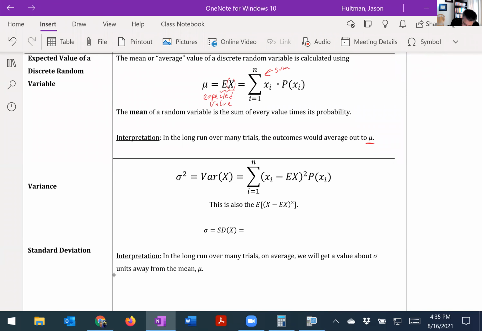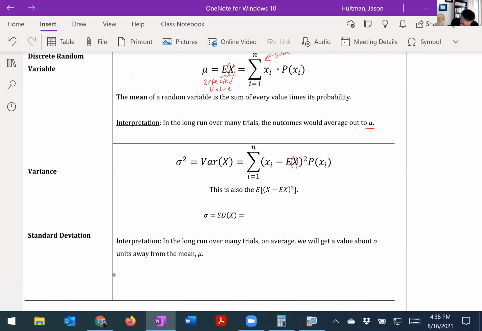Okay, variance. Variance is the square of sigma, which is the square of the standard deviation. So the variance of x is equal to the sum of (xi minus E of x) squared. This is the difference between the x values and the mean. Square that and then multiply by the probability for each value.